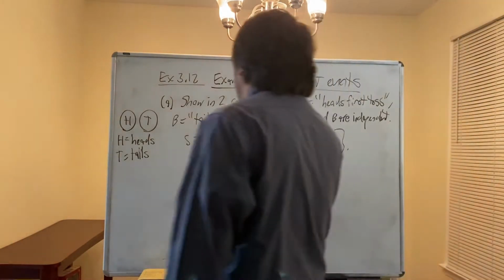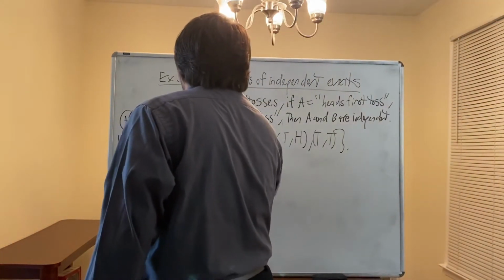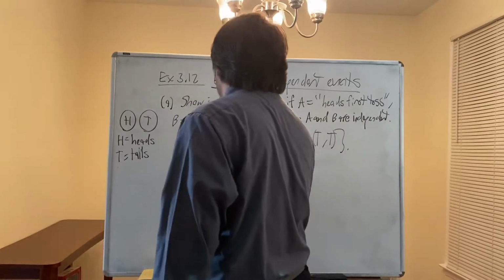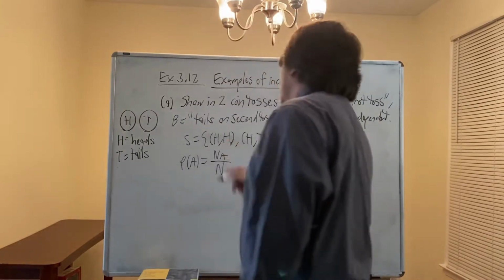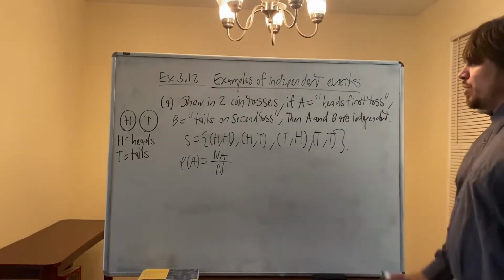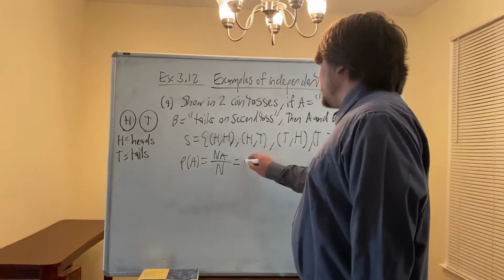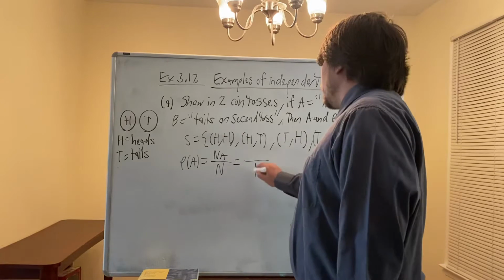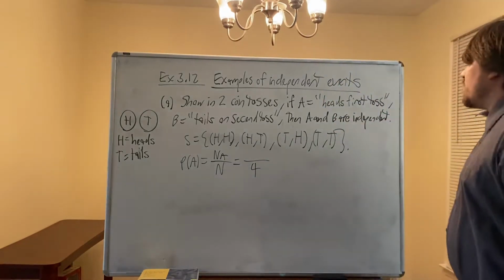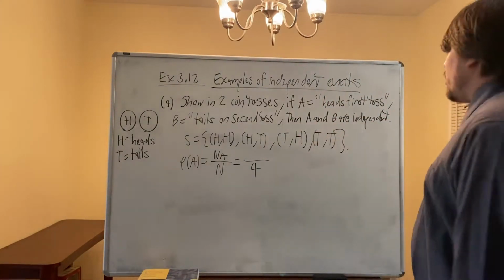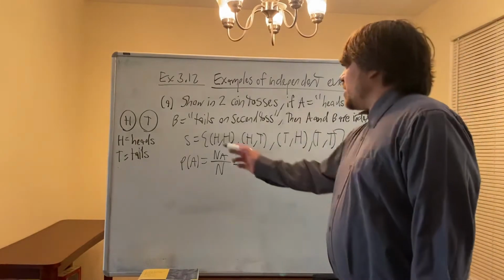So the probability of A, the probability of heads on the first toss, is the number of elements in the sample space where heads is on the first toss divided by the total number of simple outcomes in the sample space. So n is 4, and n sub A is the number of sample points where heads is on the first toss. So that's 1, 2.